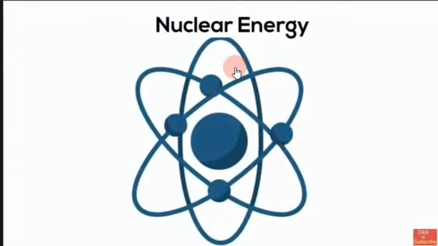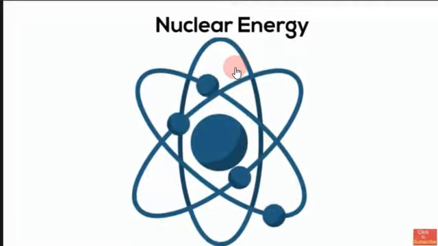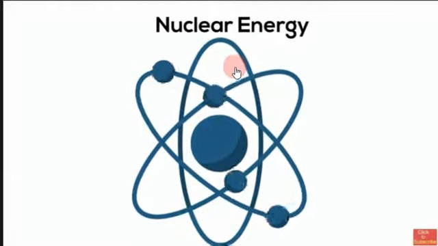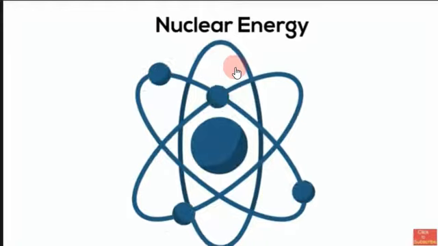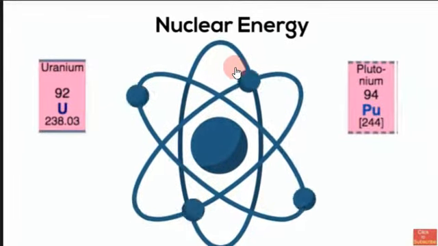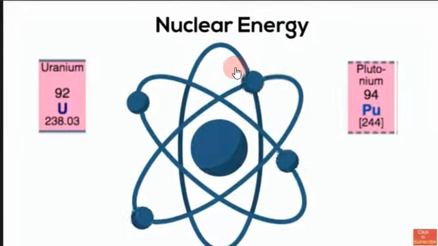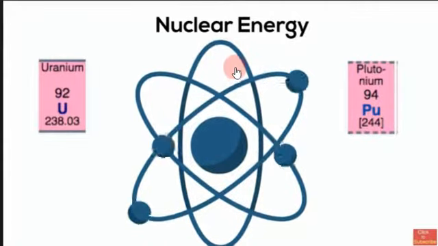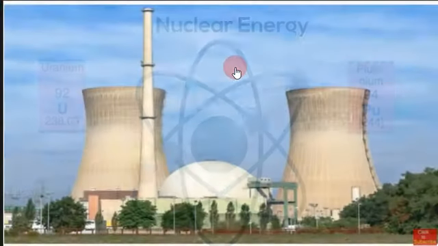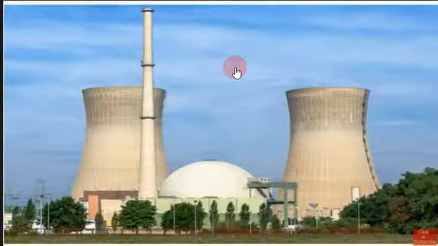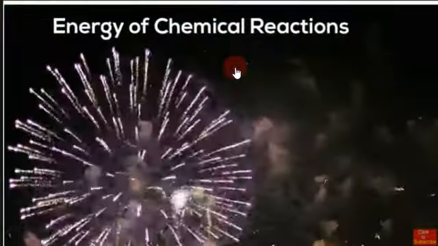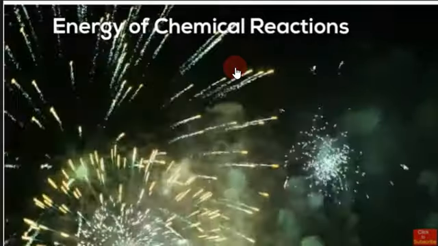Nuclear energy is energy stored in the nucleus of an atom. When large atoms such as uranium or plutonium are split into two smaller atoms, in a process called fission, energy is released. Nuclear power plants use this process to help create energy. Chemical energy is the energy of chemical reactions.